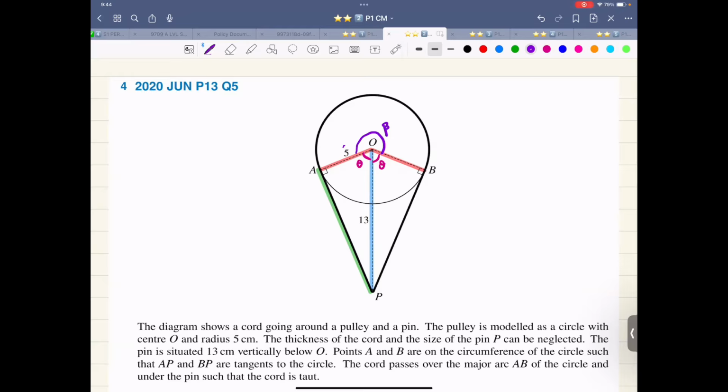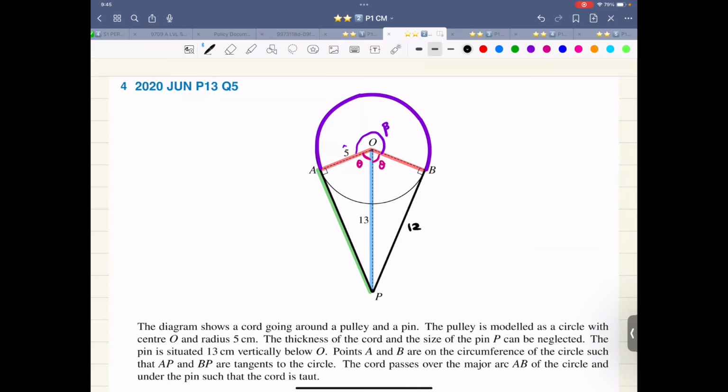Based upon beta and based upon 5, I'll be able to find this arc right over here. So up till here, we are able to find this. That's one strategy. And then these two things are pretty straightforward.